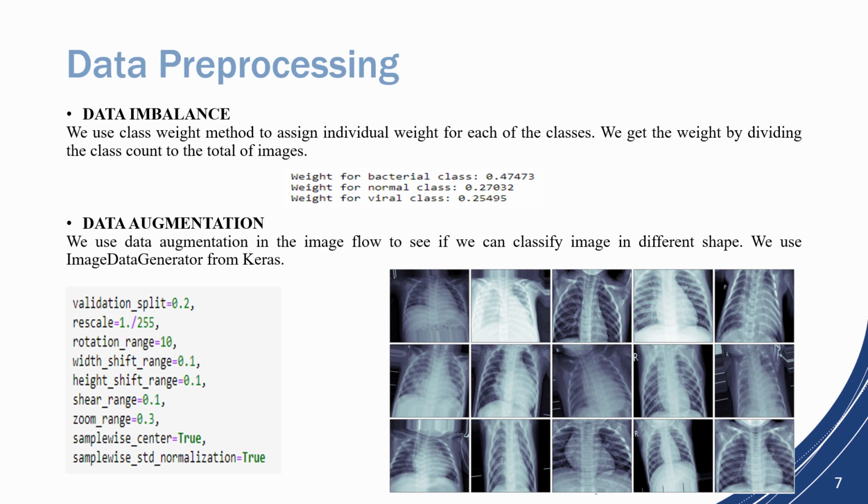We use validation split, which is the fraction of images reserved for validation; rescale, which is the rescaling factor; rotation range, which is the degree range for random rotations; width shift range, which is the fraction of total width; height shift range, which is the fraction of total height; shear range, which is the shear angle in the counterclockwise direction in degrees; zoom range, which is the range of random zoom; samplewise center, which sets each sample mean to 0; and samplewise standard normalization, which divides each input by its standard deviation.